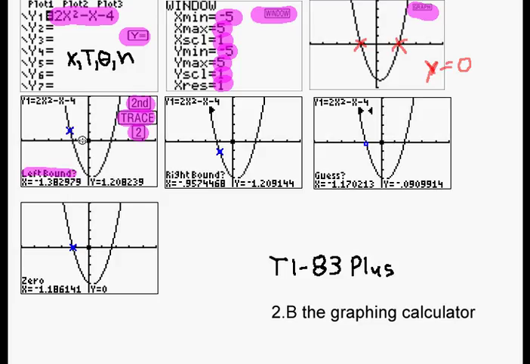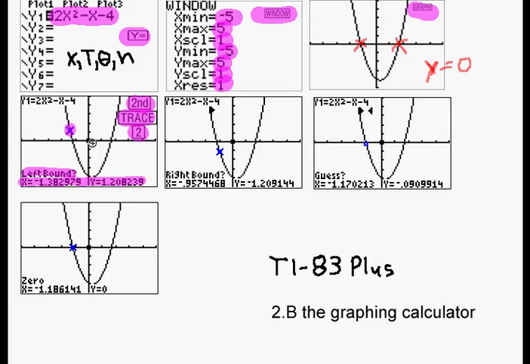left bound. And so what you do is you use your arrow keys on your keypad, the left and right arrow keys, and you move your little marker here until you are just to the left of that 0 on the function, and you hit enter, and you can see the numbers down here that come up for the location.